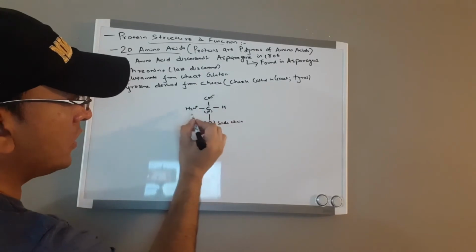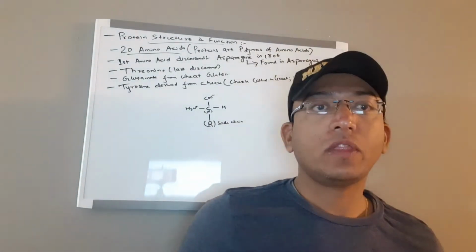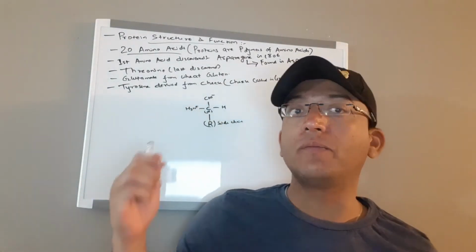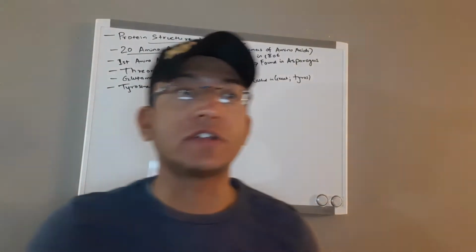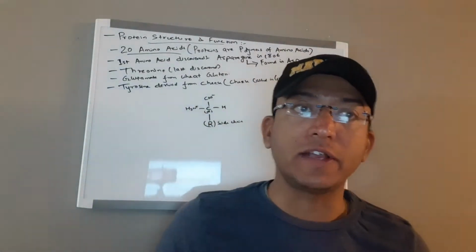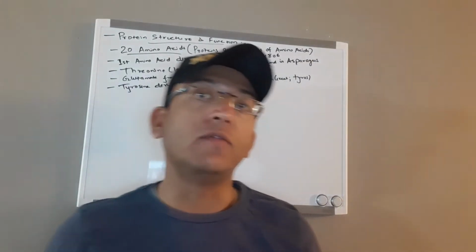So this structure is the same except for the side chain. Amino acids differ from each other in their side chains or R groups, which vary in structure, size, and electric charge, and which influence the solubility of the amino acids in water.